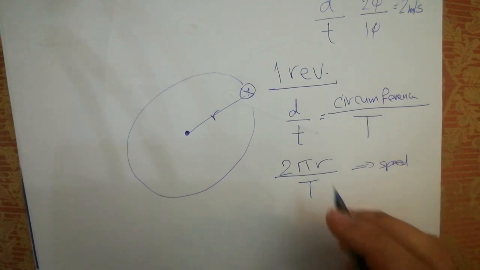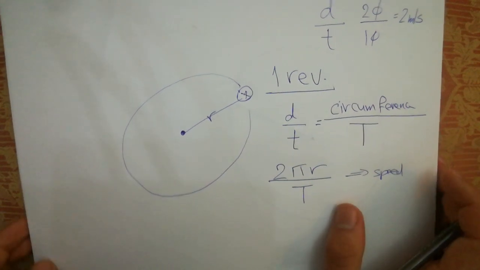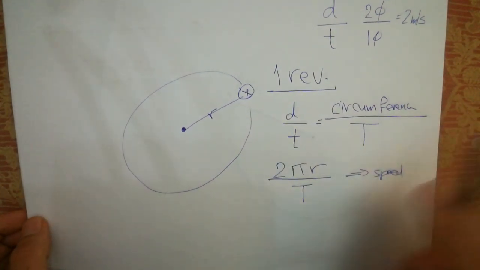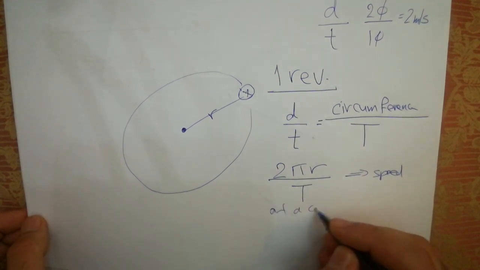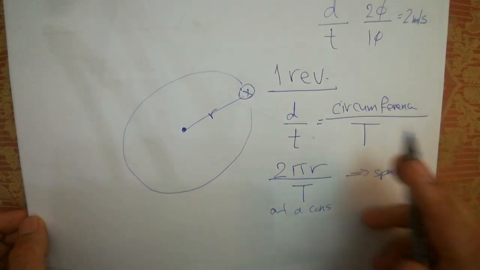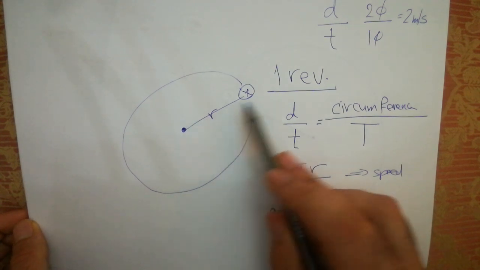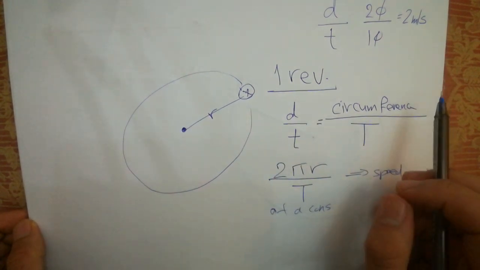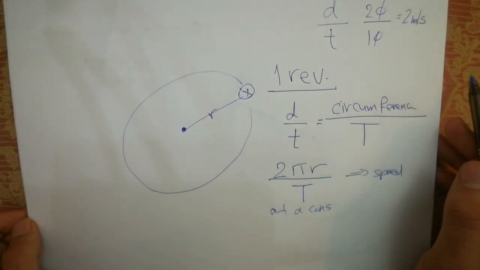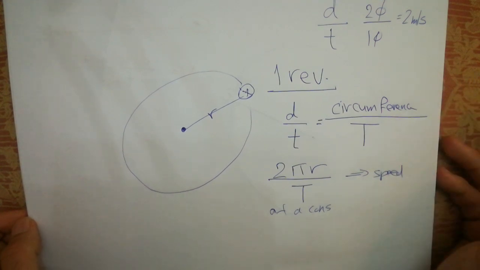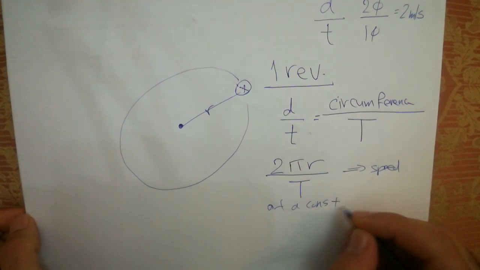All right? So away from the speed, this object is rotating at a constant speed, so we're not accelerating it, although there is centripetal acceleration and there is centripetal force. Anytime you have an object that's in rotation, there has to be a centripetal force and acceleration. And so this is moving at a constant speed.